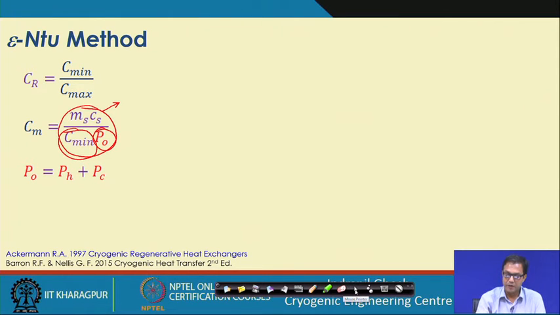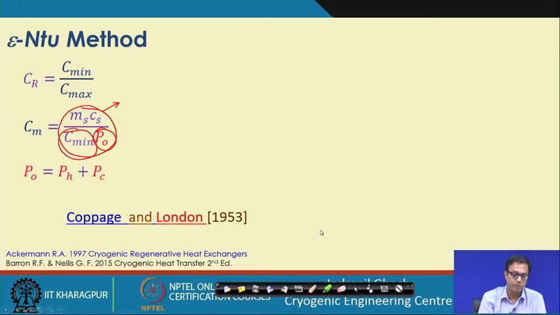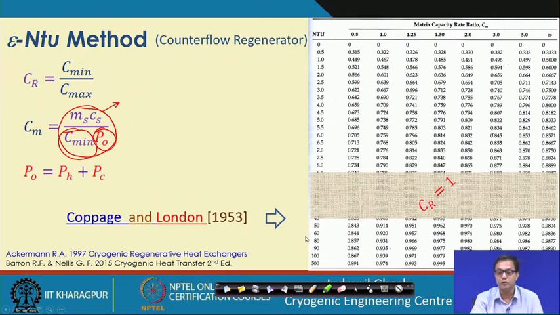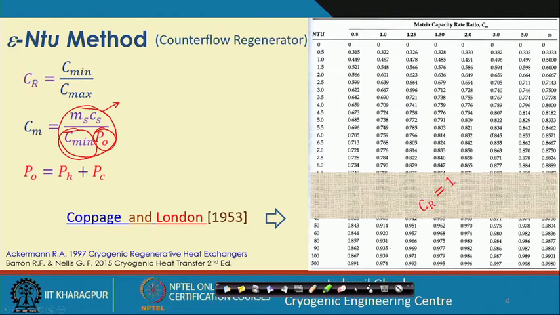Now, with this number of different dimensionless and dimensional parameters, if we look into the solution, it has been proposed by Coppage and London, and they have obtained the solution in terms of the number of heat transfer units and the matrix capacity rate ratio, that is Cm.